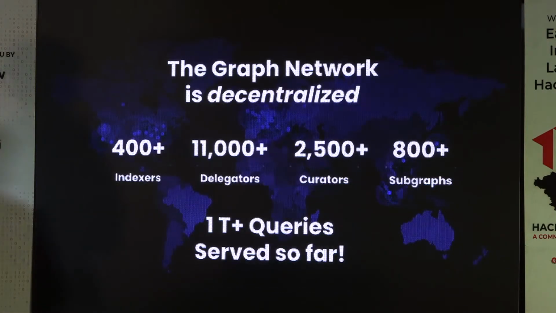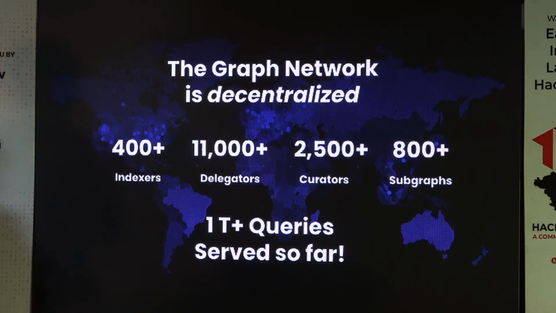These are some of the statistics of the graph protocol. The graph protocol is governed by indexers, delegators, and curators. I won't go too deep into this. This is the underlying architecture of graph, and it indexes all of this data in a decentralized way with the help of these delegators and curators. As you can see, we have 400 plus indexers.